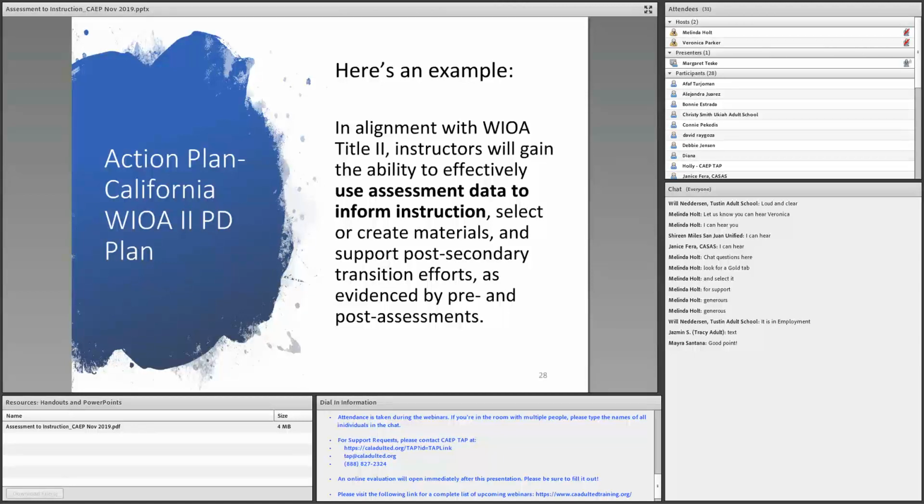Here's an example from an agency down in the San Diego area. They wanted their instructors to gain the ability to effectively use assessment to inform their instruction, to select or create materials that would help them address issues that they saw in the student reports, and to support post-secondary transition.